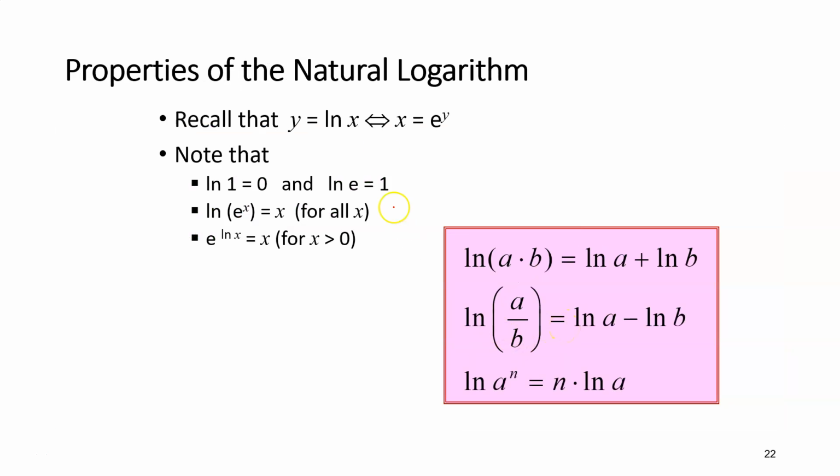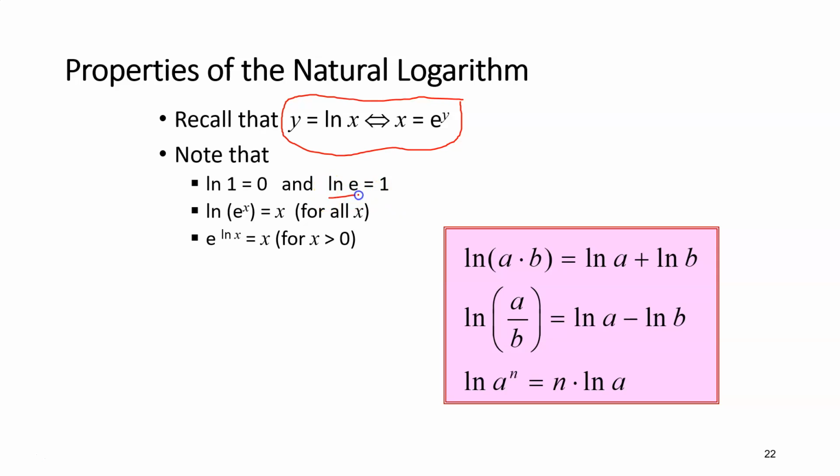And then we have properties of the natural logarithm. Recall that y equal to ln x, so x equal to e to the power y. Ini adalah macam mana kita tukar dia tadi. Okay, y equal to ln x, x actually equal to e to the power y. Ln 1 equal to 0 and ln e equal to 1.